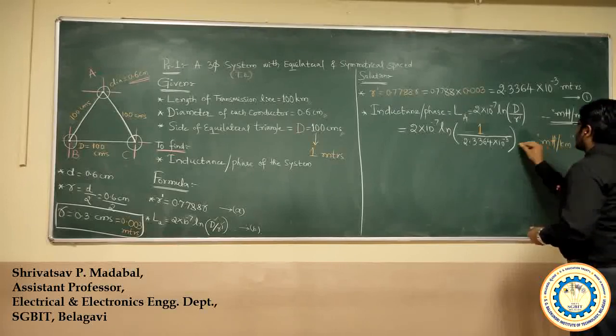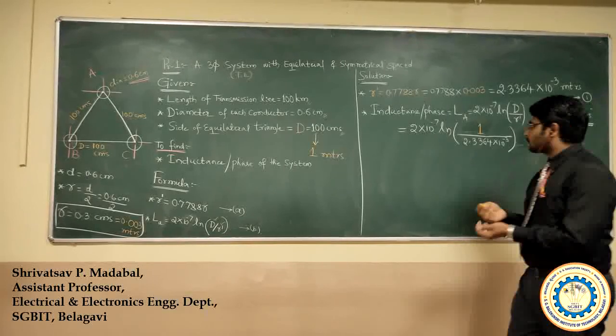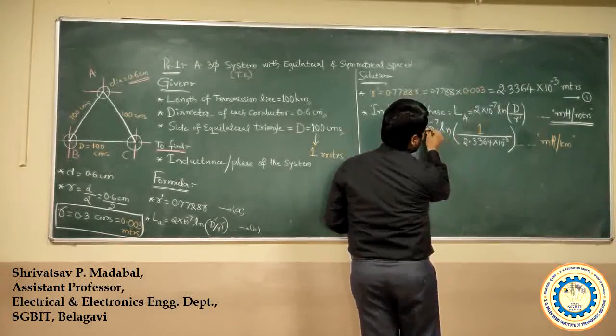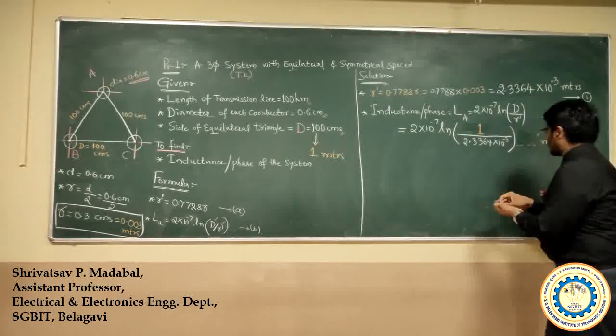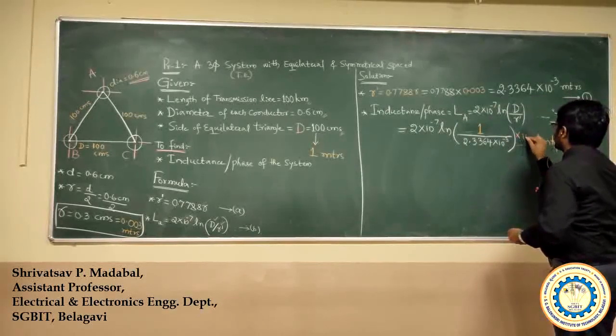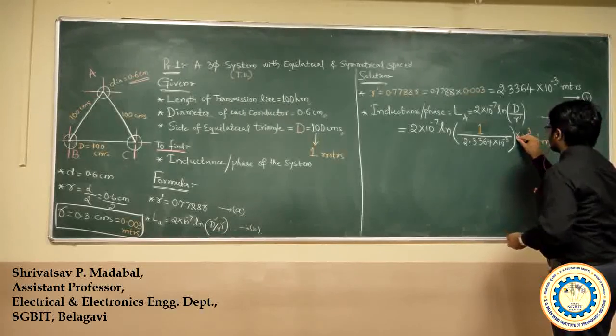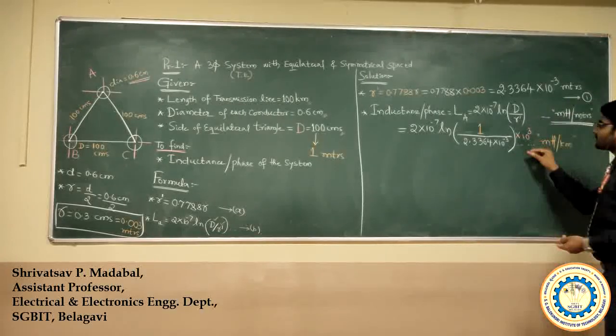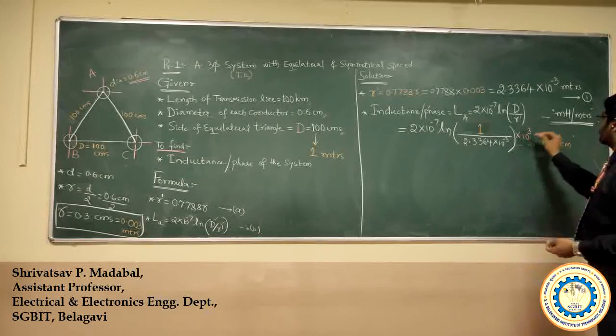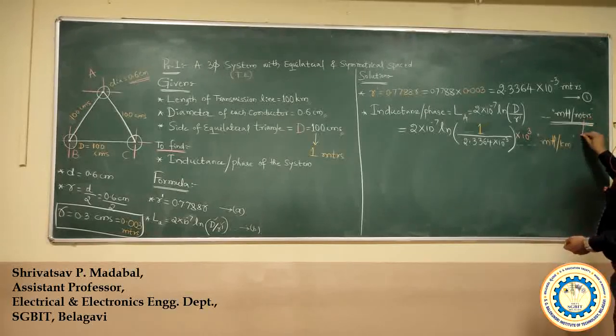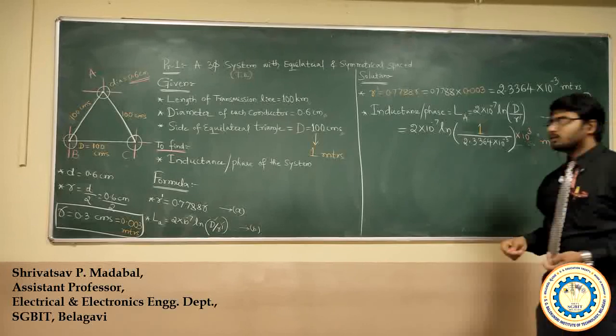So in order to convert this, I have to multiply this entire term by 10 to the power plus 3, such that it appears to be per kilometer. This is the meter to kilometer conversion. So I have to multiply by 10 raised to 3.